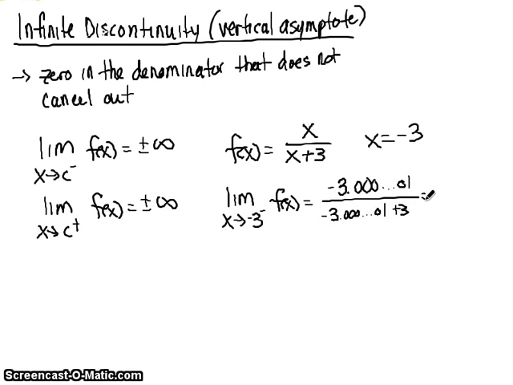It's going to give us that number, which I don't have room on the screen to write, over 0.000, whole bunch of zeros, 1. Both of those would be negative. So we're going to go to positive infinity. You could do the same thing with -3 from the right-hand side. But we've talked about those ones already. You're not really going to ever have to show them. You just have to recognize them like you did in pre-cal.